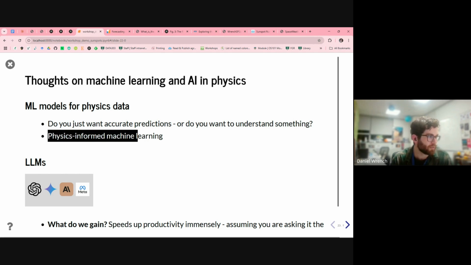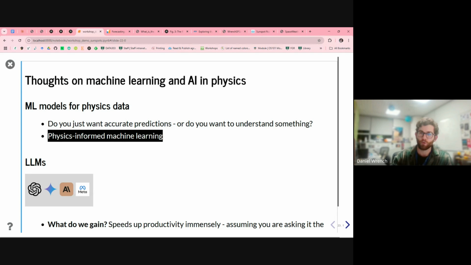And this leads to the idea of physics-informed machine learning. This has certainly been tried a lot, and you might hear about it more.